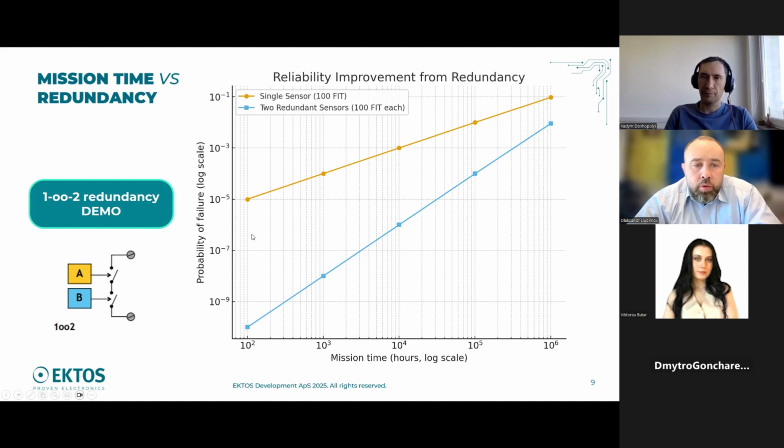So you can obviously see that the probability of failure is getting way lower if you compare these 2 lines by the y-axis here. And you can see how it gets a little bit closer to each other with the mission time duration. So that's the visual demonstration of how these calculations can affect your understanding of reliability improvement.